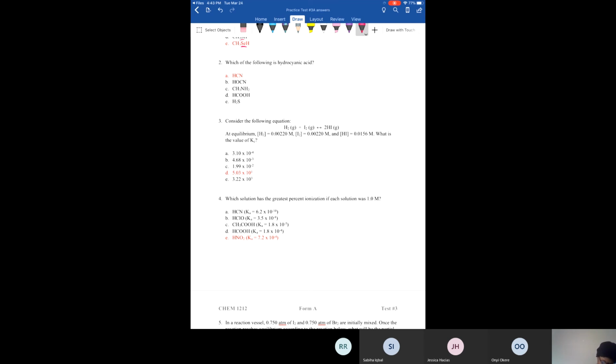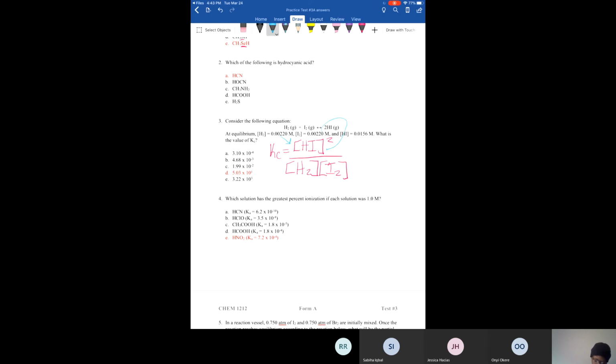This one is just your Kc is equal to your product concentration, which is HI, squared over your reactant concentrations. This is just you putting it all together. I'm not necessarily sure if you guys want to see me work it out. It's just you plug in these numbers.